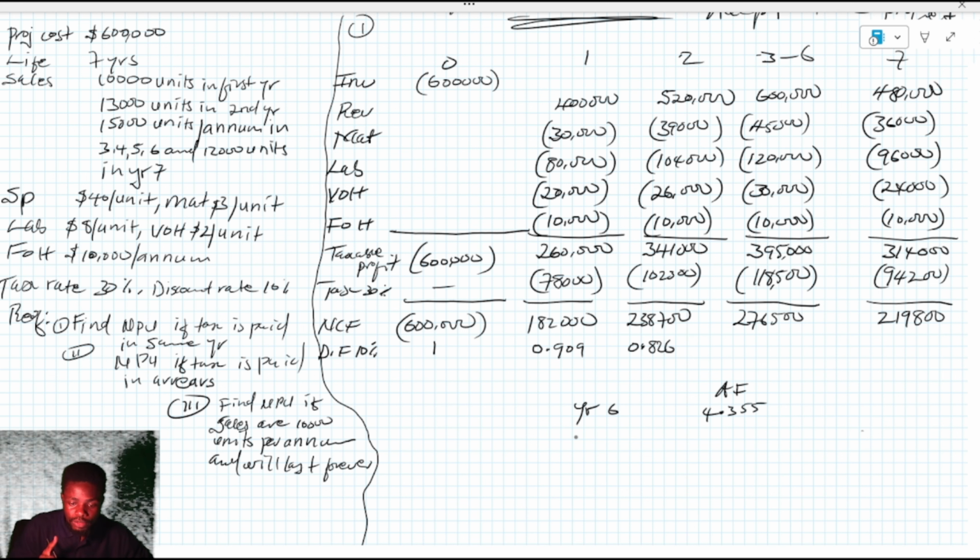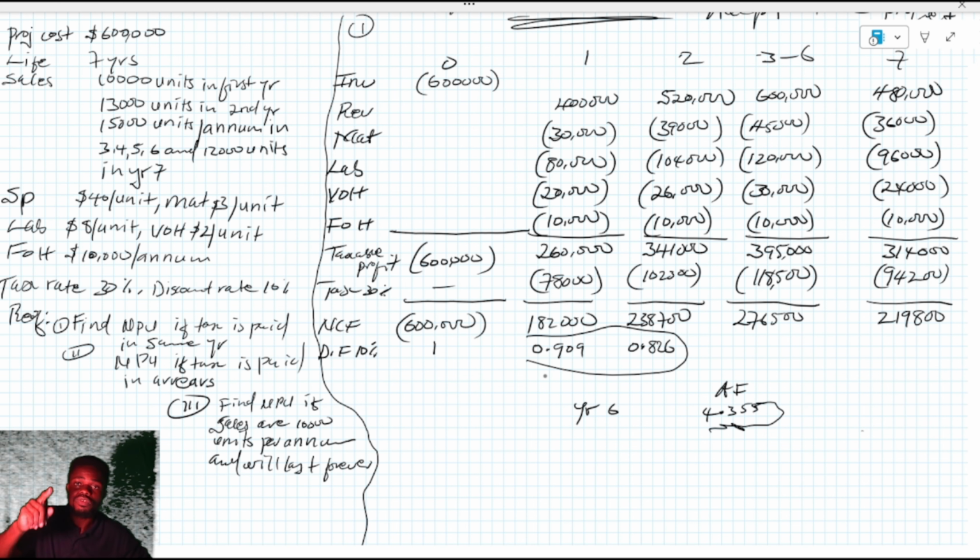Now, you have to take off year 1 to year 2. You can either add these two and subtract it from the 4.355 you have, or you take the annuity factor for year 2 and subtract it from the annuity factor of year 6.